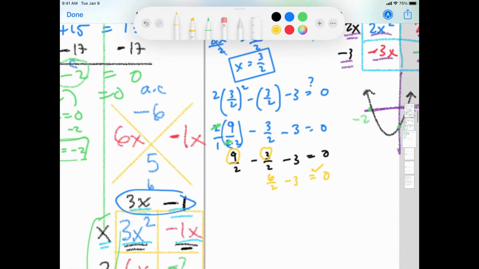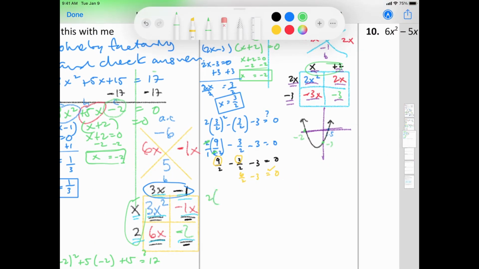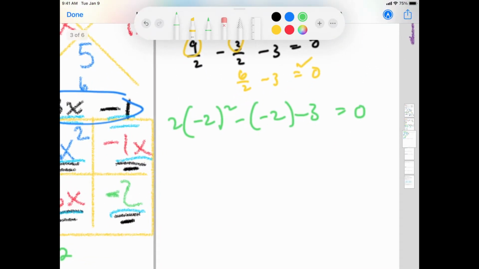That works. Okay, let's go ahead and check x equals negative 2. Negative 2 squared, using PEMDAS, would be 4. Opposite of negative 2 is positive 2. This doesn't look good.